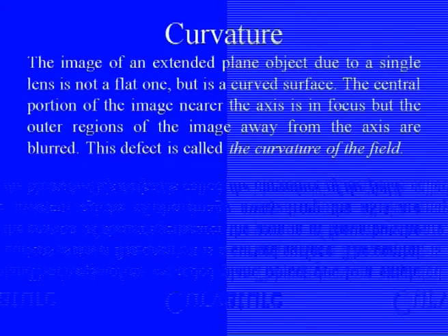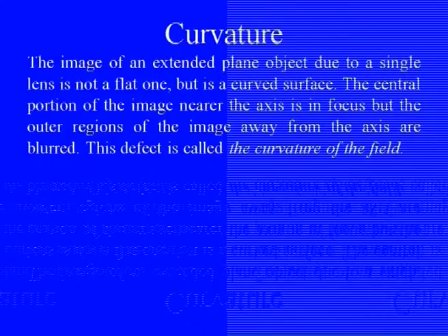Now, we come to another defect and the aberration called curvature. The image of an extended plane object due to a single lens is not a flat one, but is a curved surface. The central portion of the image nearer the axis is in focus, but the outer region of the image away from the axis is blurred, and this defect is called curvature of the field.